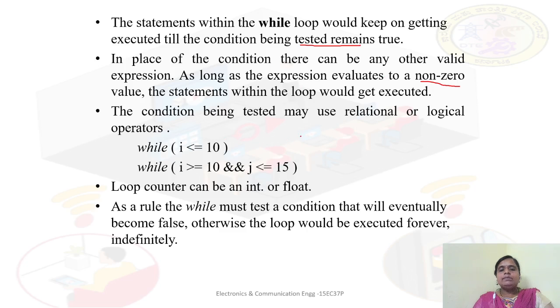Here are some examples that can be used to test the expression given in your loop. Once this value becomes zero, the test is false and you come out. Now the loop counter, the value which we are using as a counter, can be either an integer or a float. So this is one thing.